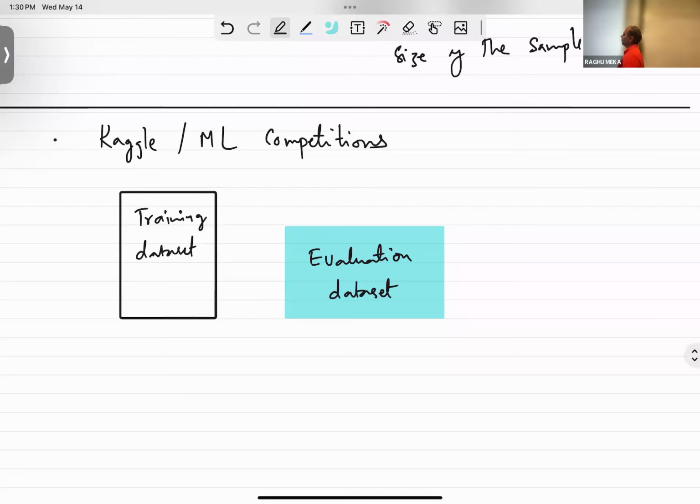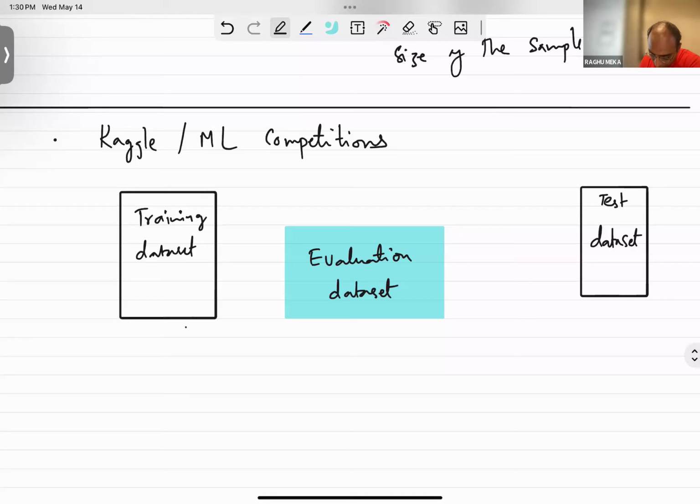Right. So evaluation data set means I train my model on this. I submit my model to Kaggle and they'll give me some number. Tells me, okay, your model is doing so well. Okay. And then, of course, there's a true test data set that eventually you get tested on. Right. So this is for you to use while developing, and this is for the final score that gets used at the end of the competition.